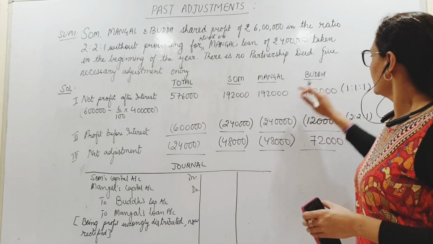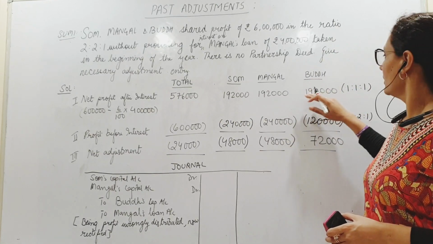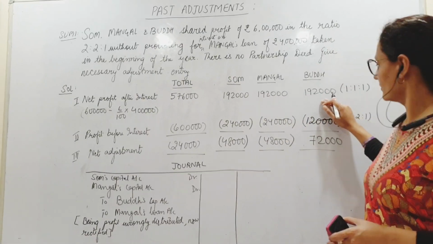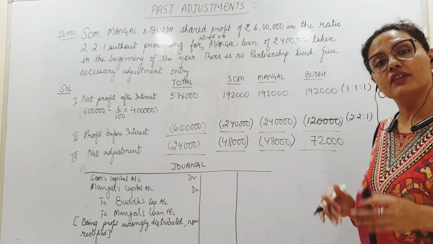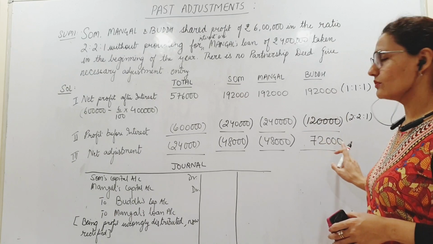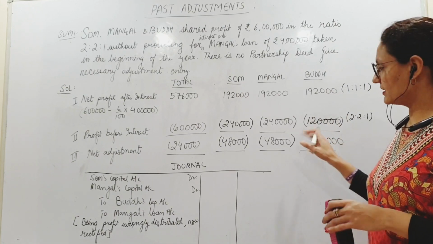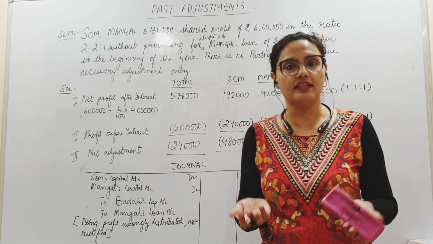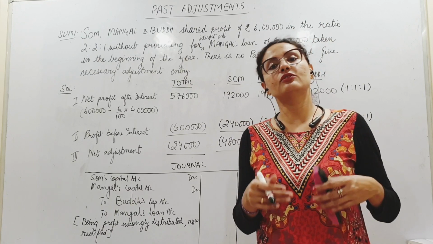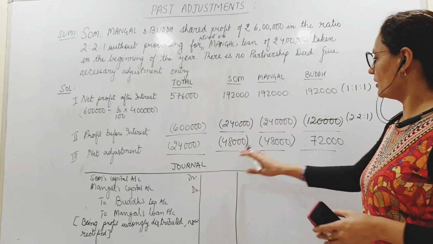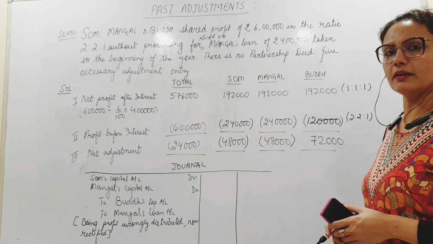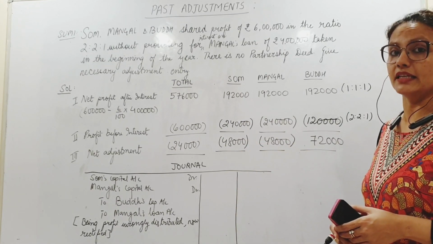Okay. Same. Now let's see with Buddh. 1,92,000 I have to give. I have given him only 1,20,000. I have given him 72,000 less. So now we do not have to take back from him, we have to give him more, right? So we need to give him 72,000. Ideally, all your plus and minus net effect should come equal.